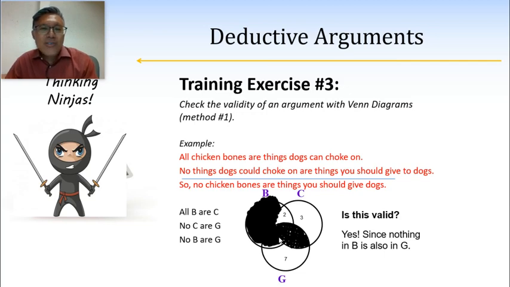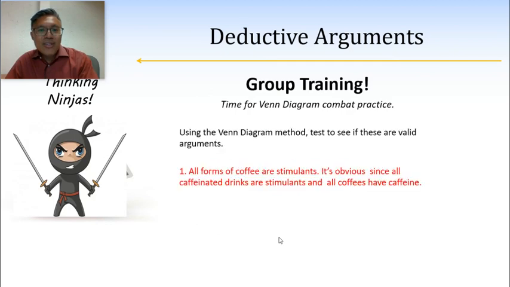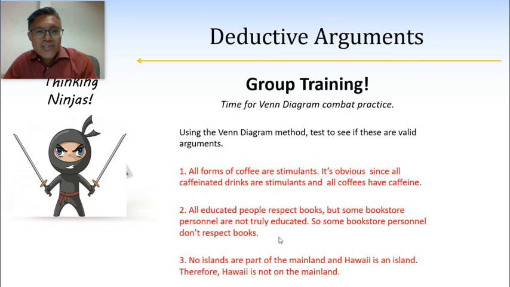We have more practice through homework and through these possible exercises. Take a look at these exercises, these arguments, and what I want you to do is reframe them, rewrite them into categorical syllogisms, then take the categorical syllogisms and apply our Venn diagram method to verify whether or not those arguments are valid.